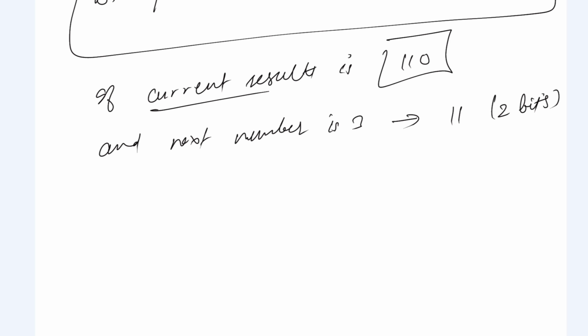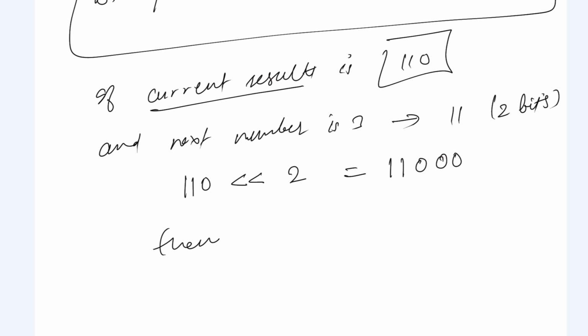The current result is 110. Now we have to shift left by 2 bits. It means 110 left shift 2 will become 110 and then 00, like this, 11000.